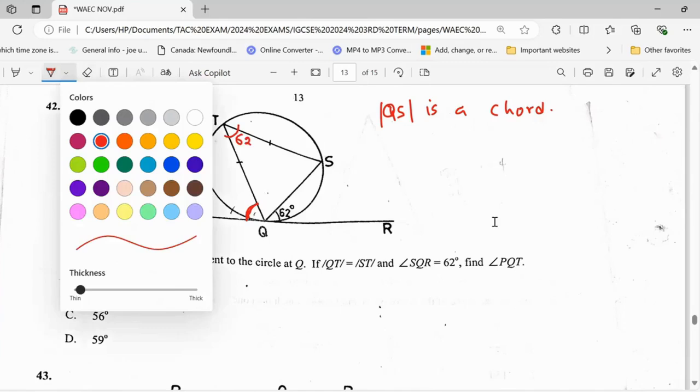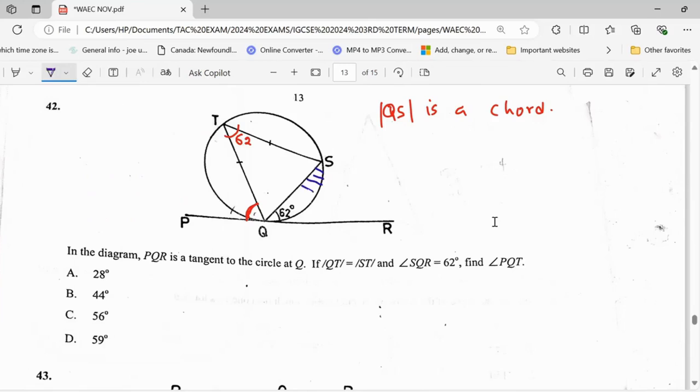Now, the chord actually cuts off a segment here. This is a segment, called the minor segment. So the alternate segment is the major segment, which is where this triangle is built.